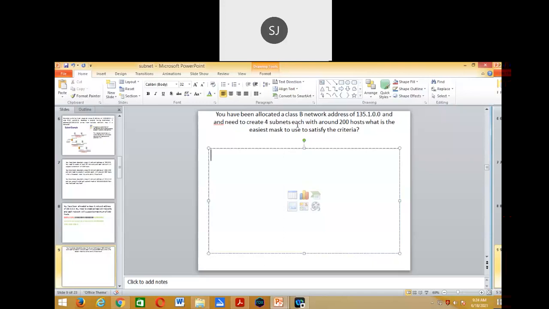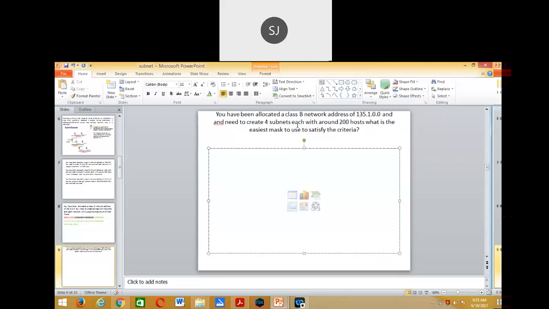Allama, we need only 4 subnets. So 2 bits, are they not sufficient? For addressing 4 subnets, we need only 2 bits, no?